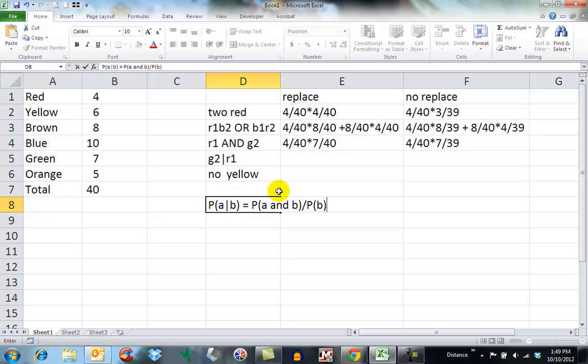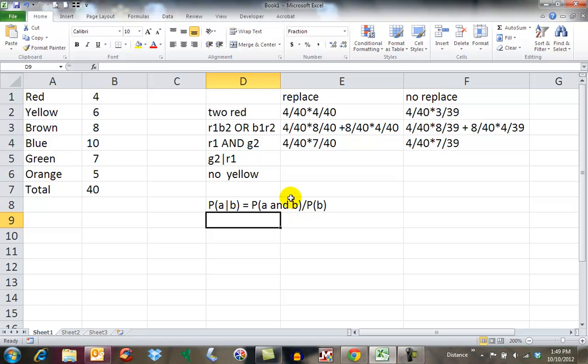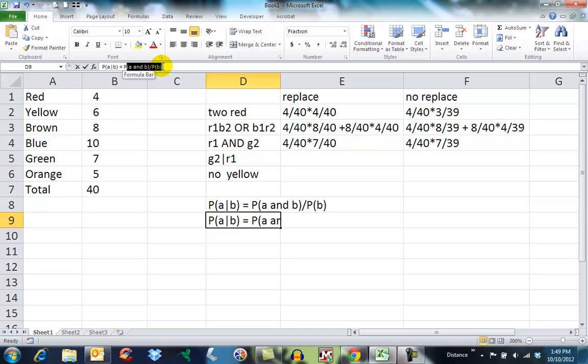The last thing. So here, the probability of A and B, well, that's this thing, divided by this. Well, what they then said was that if these things are independent, then the probability of A given B is really equal to the probability of A.